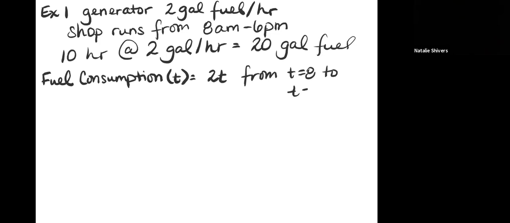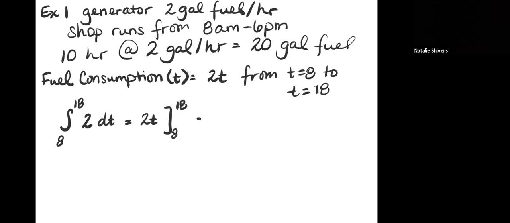So I think we talked about it in this class where we have to change it to military time. So we would take 12 plus 6 makes 18. So if we write it as an integral, we're going to go from 8 to 18 of 2 dt, we're using t, again, is going to give us 2t from 8 to 18.